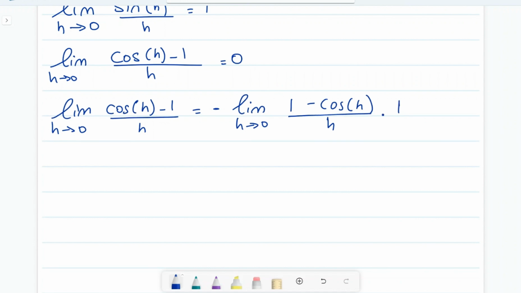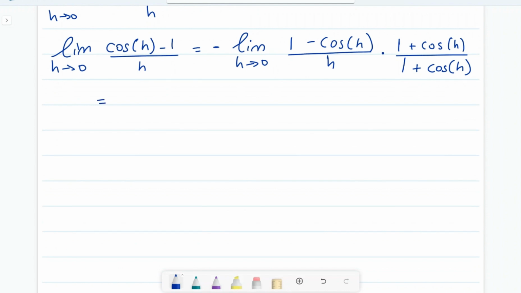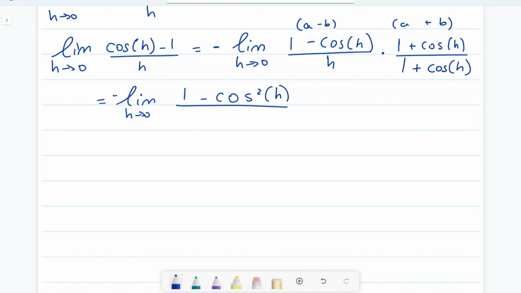Now I will multiply this by 1 plus cos h in both the numerator and the denominator. This is a minus b, a plus b. So now I get a squared minus b squared, which is 1 squared, which is 1 minus cosine squared of h. And in the denominator, h times 1 plus cos of h.